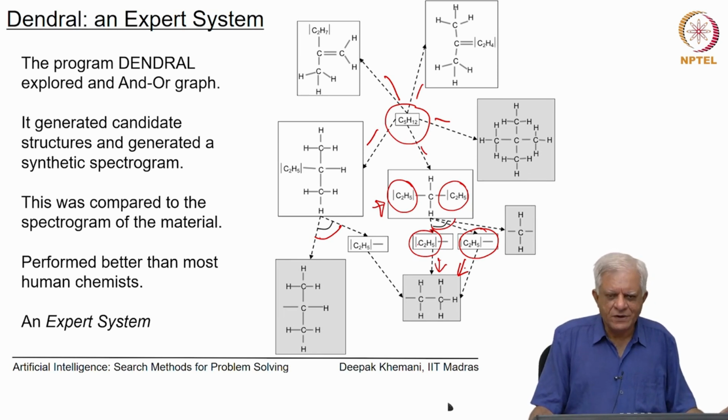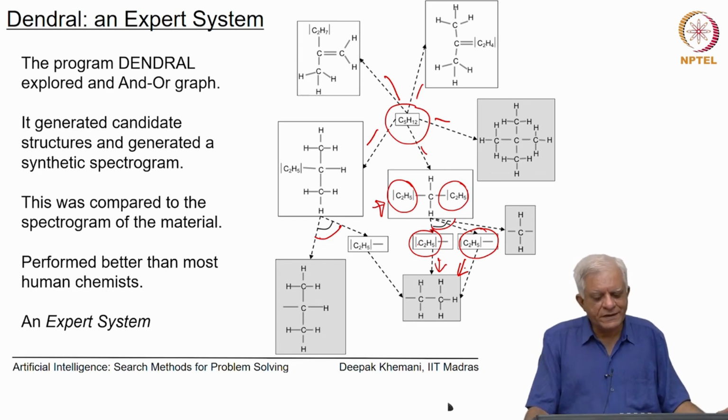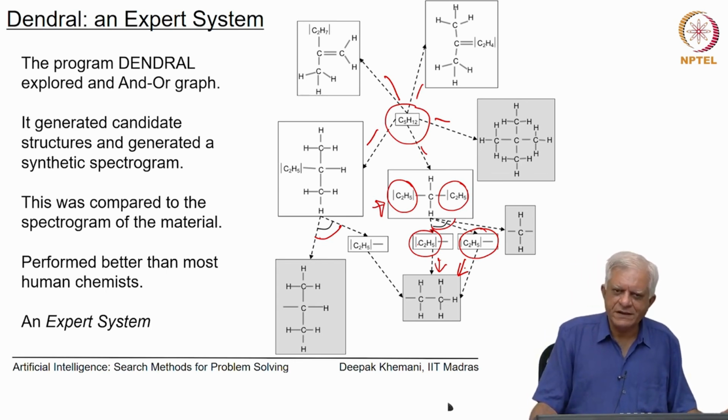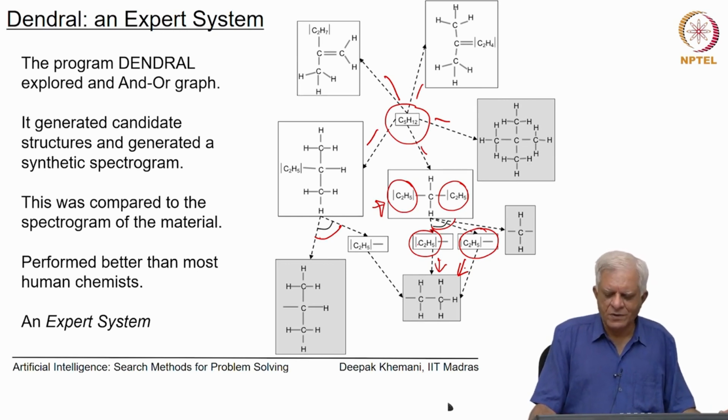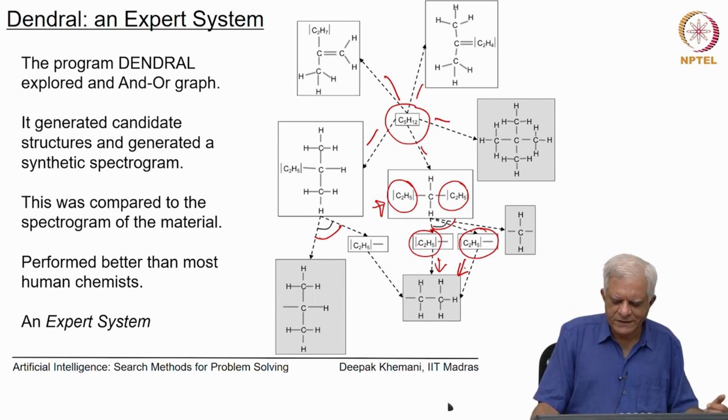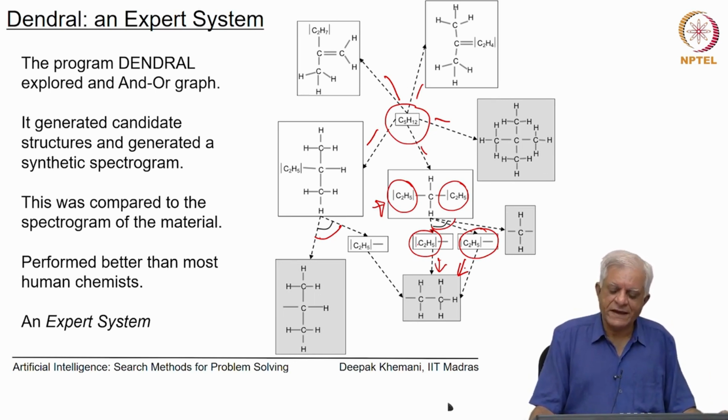And we saw a couple of motivating examples, one from symbolic integration and one from chemistry, in which a program called Dendral, that is the last thing we discussed, was an assistant to chemists to try and elicit the structural formula sitting behind a given compound. You know the molecular formula, for example, here you know that it is C5H12, but you do not know how those atoms are arranged, and this is where Dendral explored the different possibilities and helped the chemist essentially.